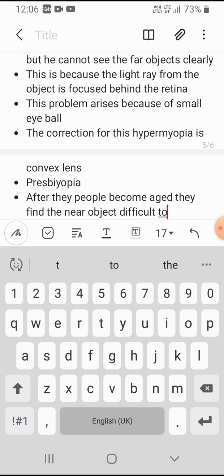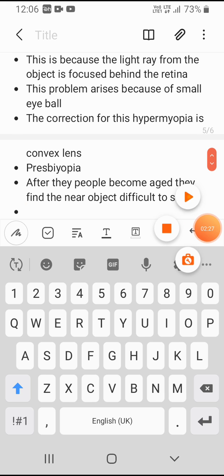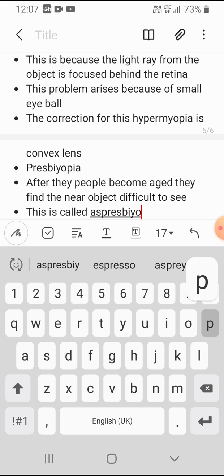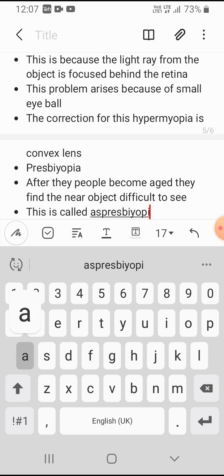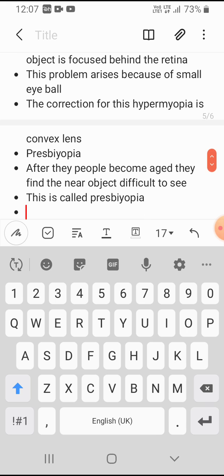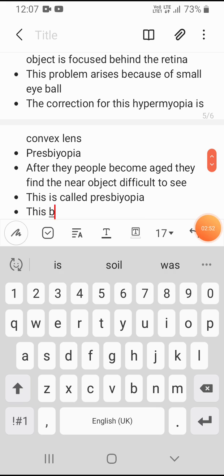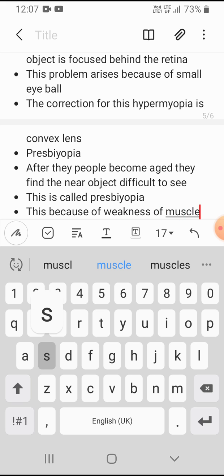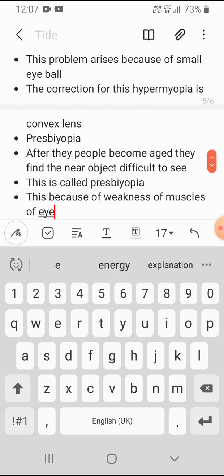This is called presbyopia. As they become aged, they find it difficult to see the near object. This is because of weakness of the muscles of the eye.